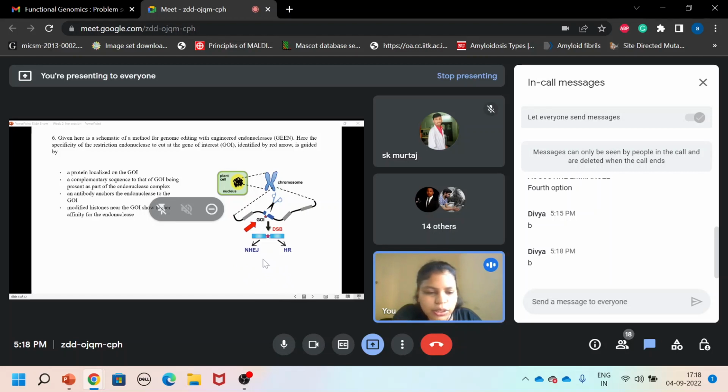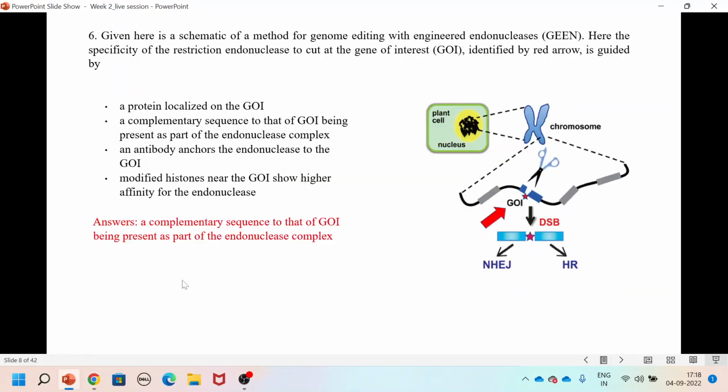Divya, would you like to unmute yourself and answer, since you are answering in the chat box? Okay. So yes, the correct answer is option number B. So a complementary sequence, as we see in case of CRISPR-Cas9 technology also, where the guide RNA is complementary to our gene of interest, where the endonuclease will work.